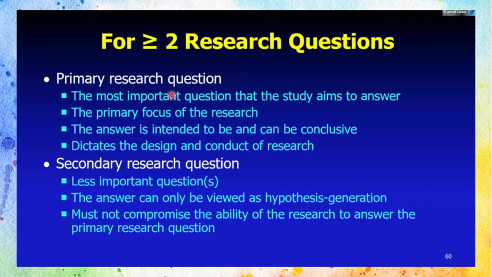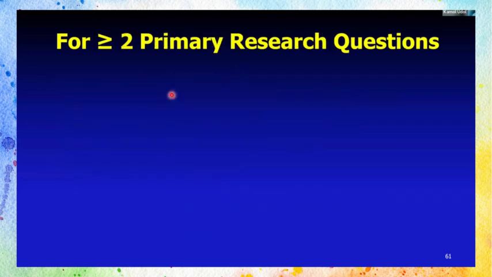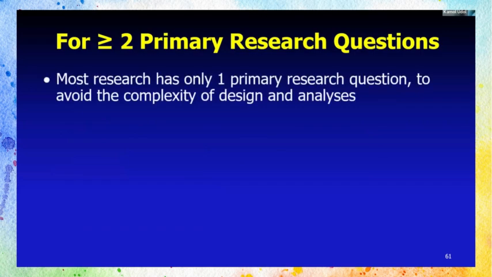Now you might ask, can I have more than one primary research question? Can I have two primary research questions? The answer is yes. But if you do, it will complicate your study design and your research. So most research has only one primary research question to avoid complexity of design and analysis.